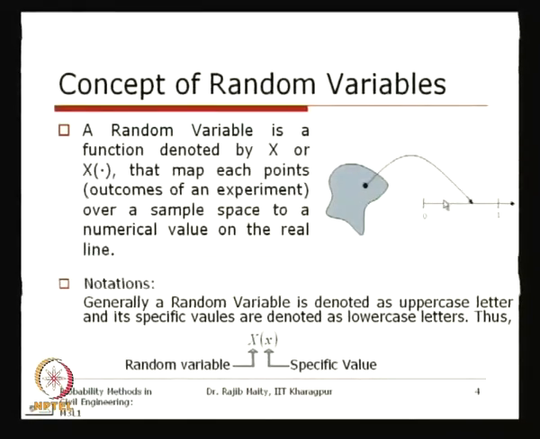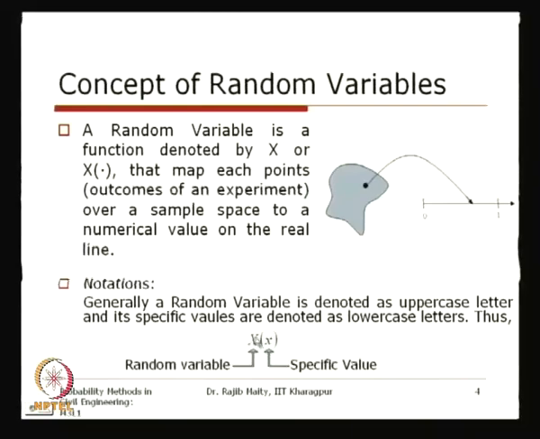Before we discuss further concepts of the random variable, there are different notations used to denote the random variable and its specific value. For this course we will follow the notation you will see in some classical textbooks. Random variables are denoted by uppercase letters, and their specific values are denoted by lowercase letters.